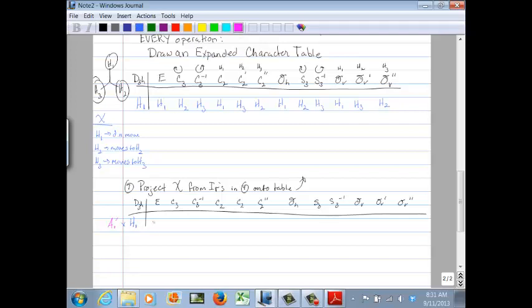The A1 characters: E is 1, all of the C3 is 1, all the C2s are 1, the sigma H is a 1, S3s are 1, etc. And then I'm going to multiply that by the table above. So for E, I multiply 1 times H1. For C3 clockwise, I multiply 1 times H2. For C3 counterclockwise, I multiply 1 by H3, and so on. And then I add them all together.